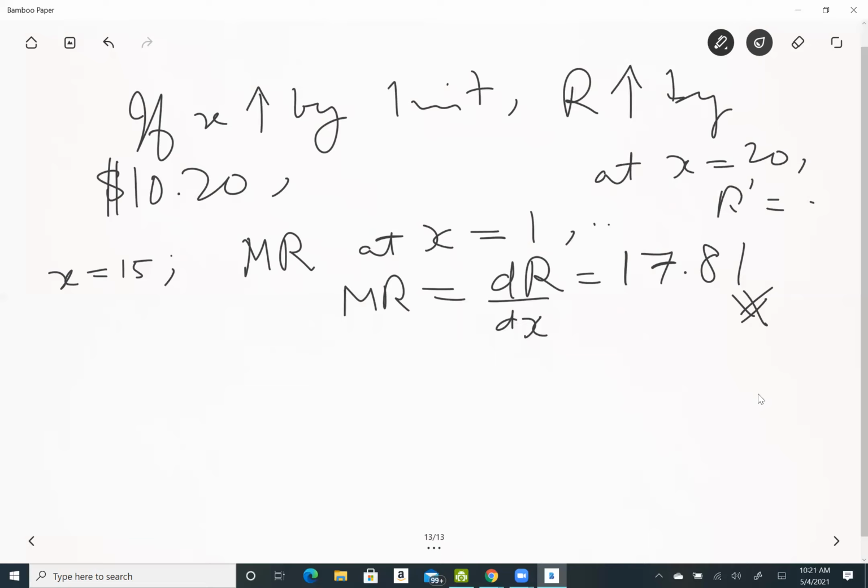So now, what is the factor that gives you a different value of the derivative?